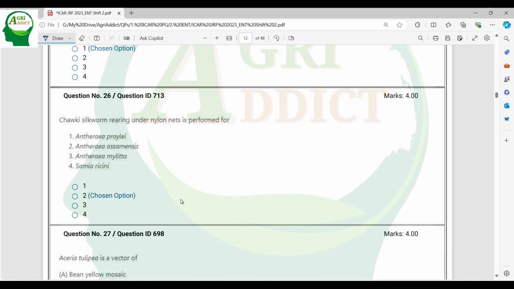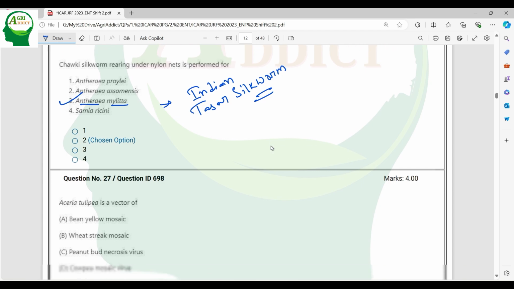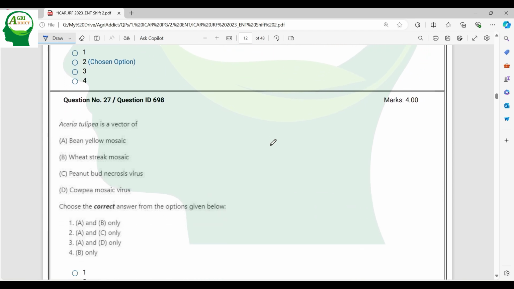Chowki silkworm rearing under nylon nets is performed for the Antheraea mylitta or the Indian tasar silkworm. Okay, Chowki silkworm rearing under nylon nets. Aceria tulipae, it is a vector of wheat streak mosaic virus, and this Aceria tulipae is a mite.